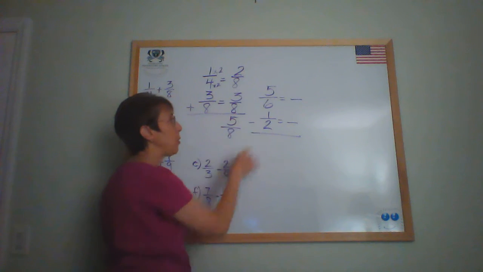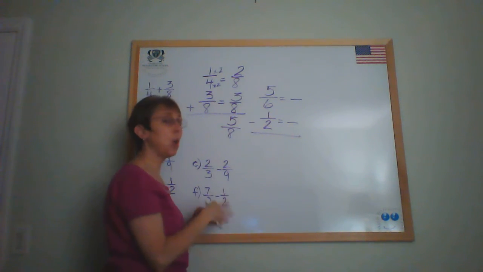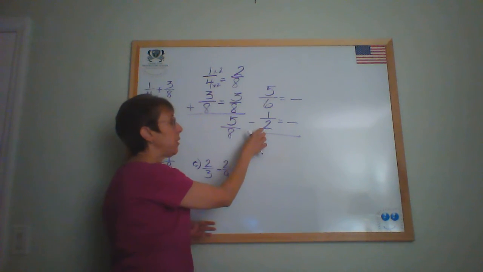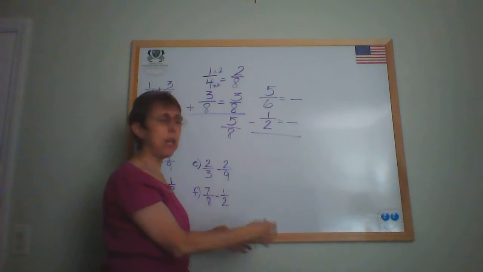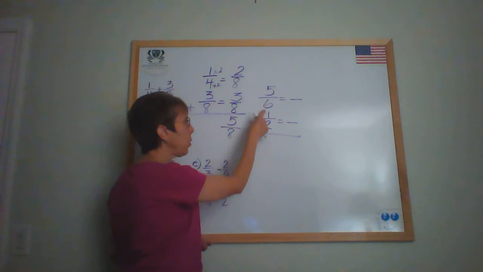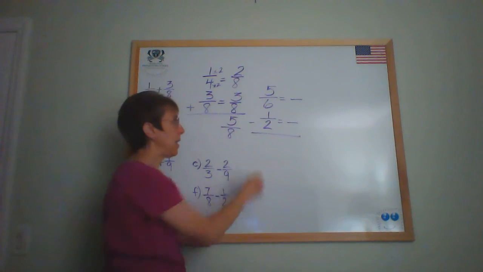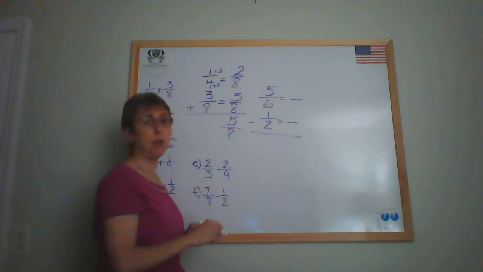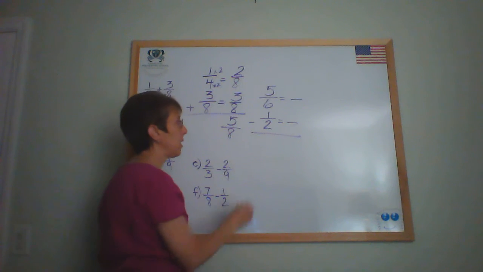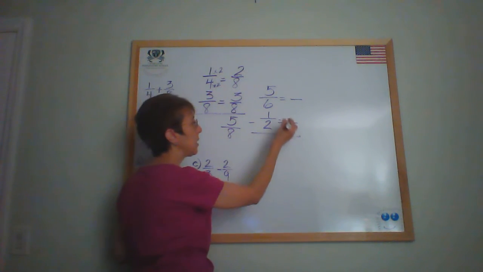How are those two numbers related? How do they go together? And if we look, and again, you're always thinking of your multiplication facts. You have halves and sixths. You should be able to recognize that 2 times 3 equals 6.